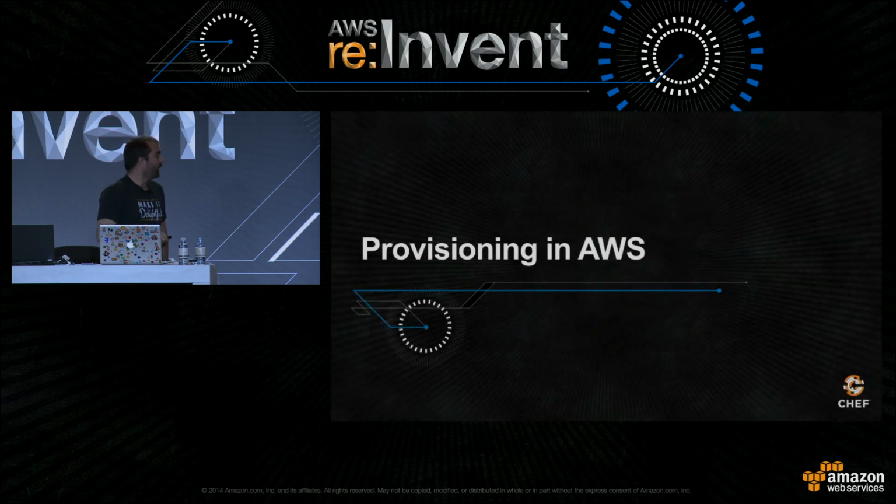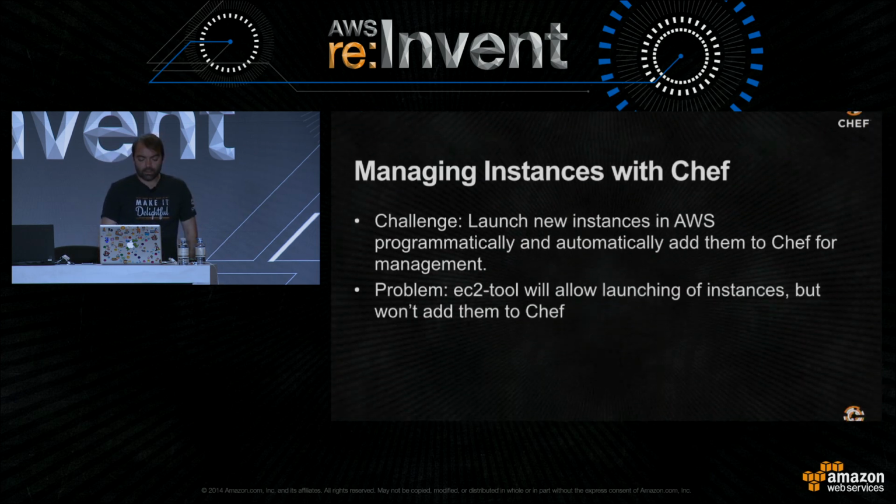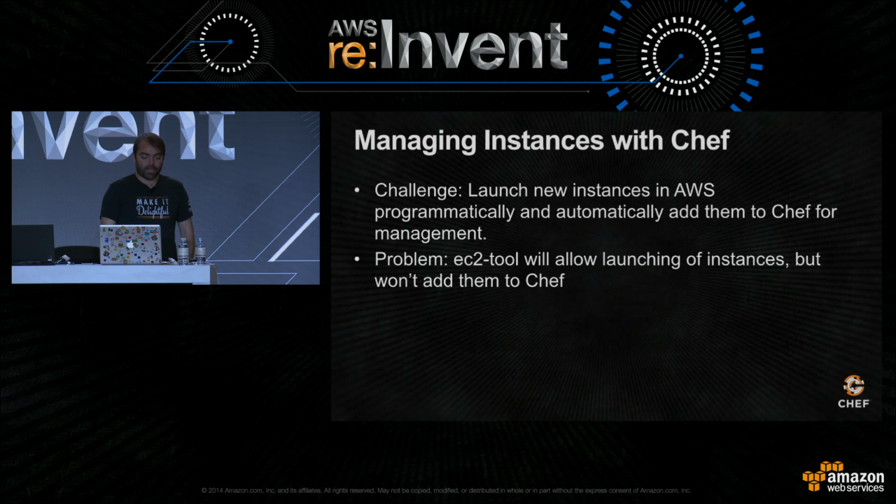There we go. So let's talk about provisioning in AWS. Launching new instances in AWS, you can go to the console. There's EC2 tools. There's lots of different ways that you can launch instances inside of AWS. When you want to launch more than one instance, maybe a collection of instances that perform some sort of task, that can be a little more problematic.